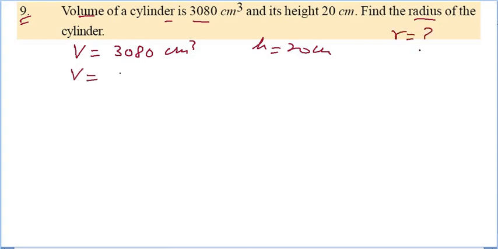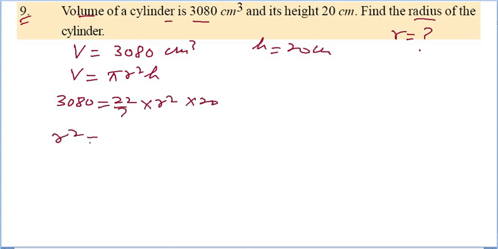So volume of the cylinder, that is the pi R square H and it is given as 3080. Pi is 22 upon 7. R we don't know, but H is 20. So you can find the R square. It is 3080 into 7 and 22 is down and 20 is also. So 0 cancel with 0. So 2 1 ja 2 and 2 5 ja 10 and 2 4 ja.